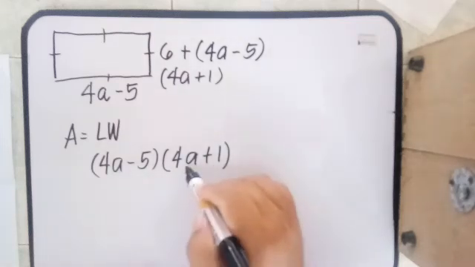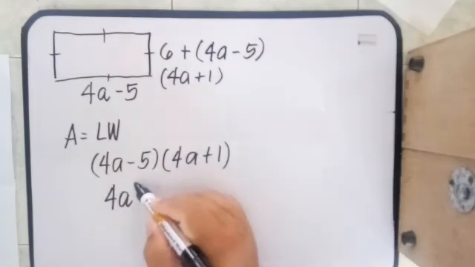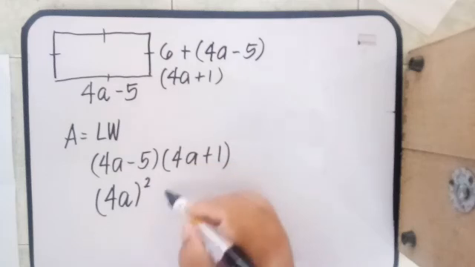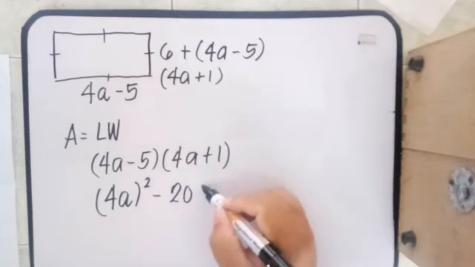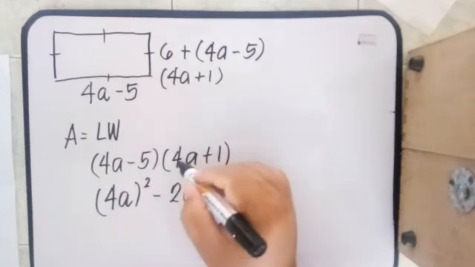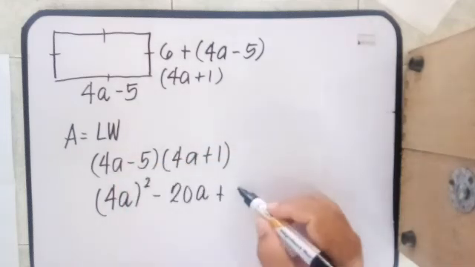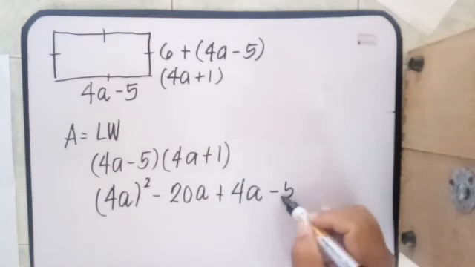First term times first term will give you 4a squared. Then minus 20a. Why 20a? 5 times 4, that's negative, so negative 20a, plus 4a. And then the last term will give you negative 5.